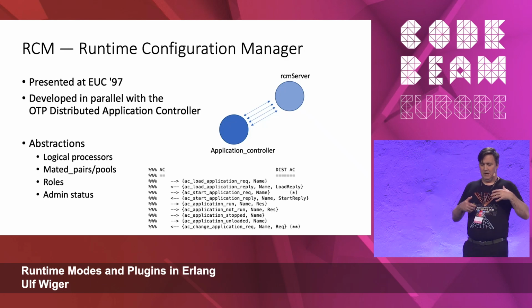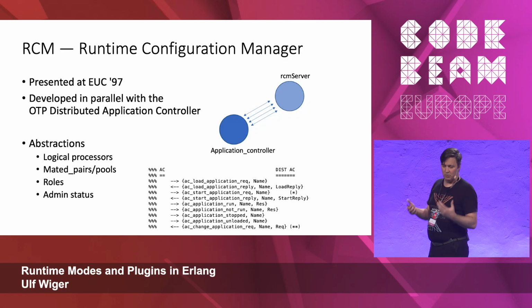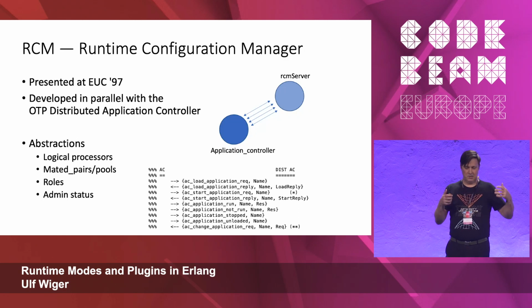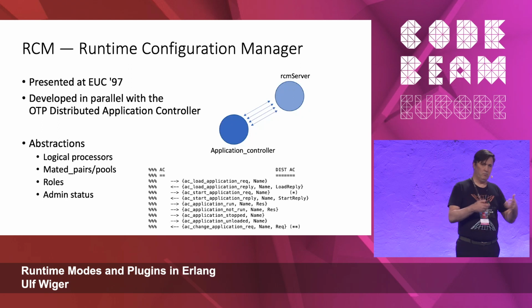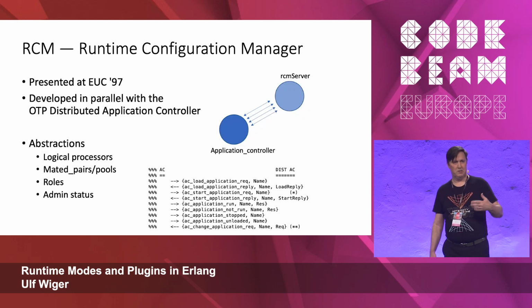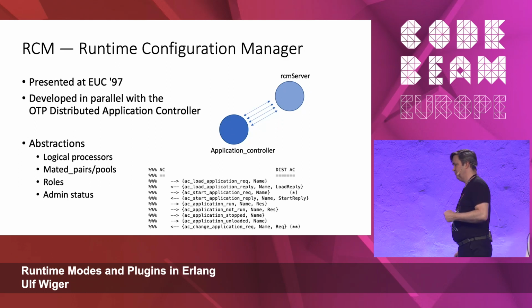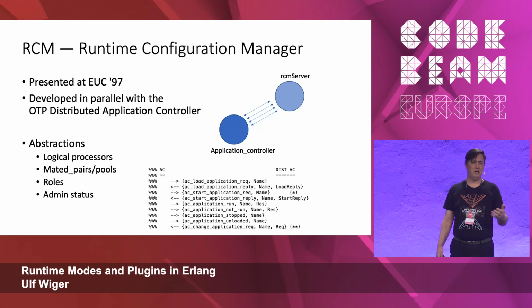And then we had a pool concept, either mated pairs or pools. And on these, we would allocate roles, and the roles would expand to applications. And then we also had the administrative status of the processors. Unfortunately, this was sort of proprietary development, so this never became open source.